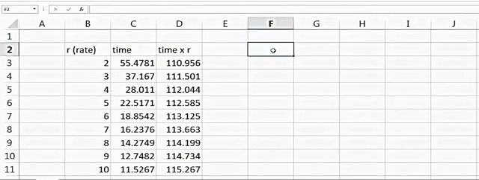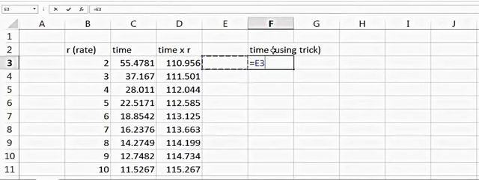Let's see what the time should be if we use the trick. The time using trick would be 115 divided by rate, so that's 57.5 years.